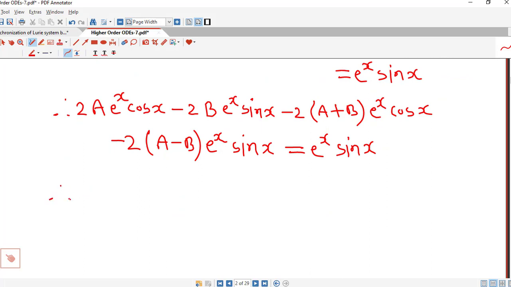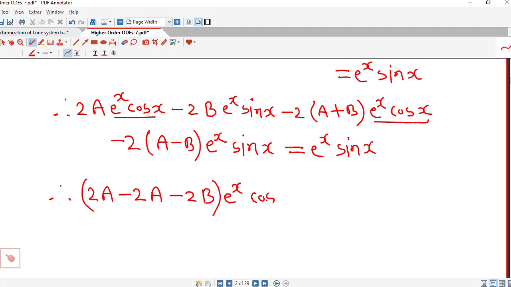Now we can take e raised to x common. Here we have e raised to x cos x common, so we have 2a minus 2a minus 2b e raised to x into cos x.